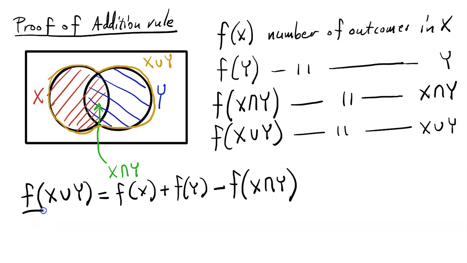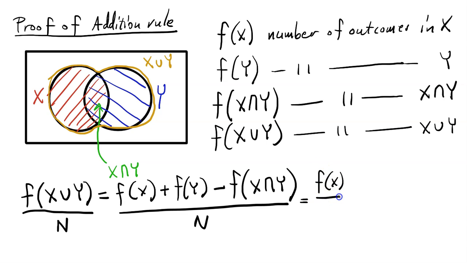Okay, so just for frequency we have this. Let us now divide both sides by the number of times we repeat the experiment. Now a rule for division is that we can divide each of these. That's f of x divided by n plus f of y divided by n minus f of x intersection y divided by n.